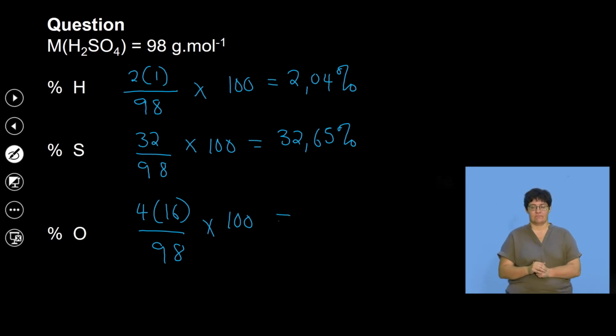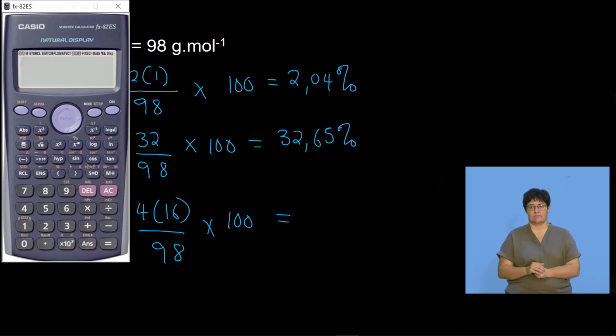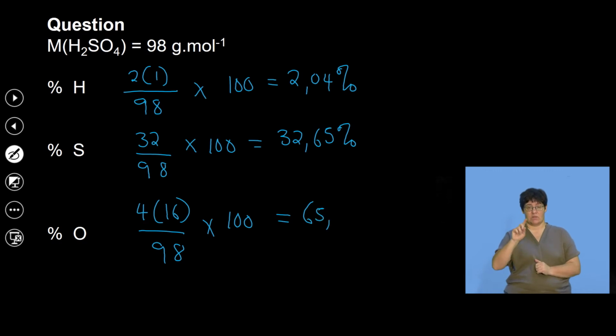On the calculator, we get 4 multiplied by 16, divided by 98, multiplied by 100. This gives us the percentage of oxygen, which is 65,31%. You can immediately tell that in that 98 grams per mole, a greater proportion is oxygen.